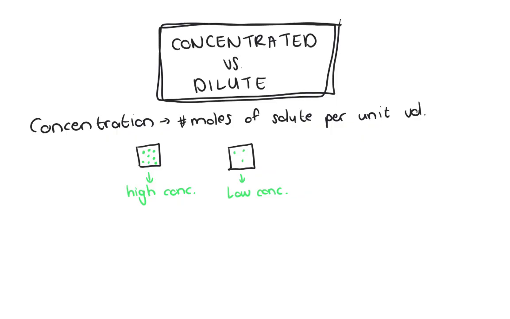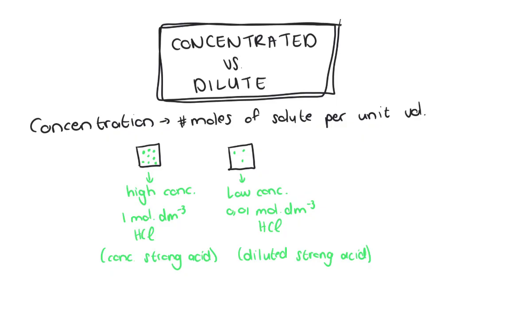So I have very little acid in a lot of water. So remember, a concentrated acid can be like 1 mole per cubic decimeter, whereas a dilute acid can be 0.01 moles per cubic decimeter of my acid. So it just depends on how much of my acid and base I have in how much water.